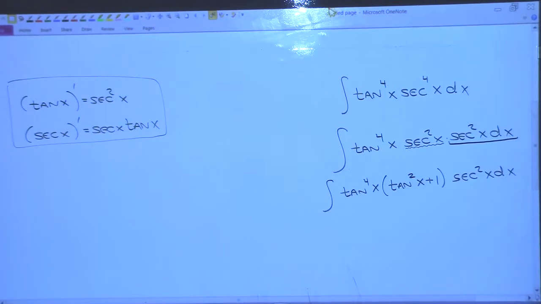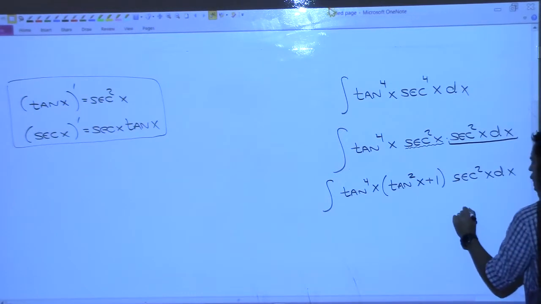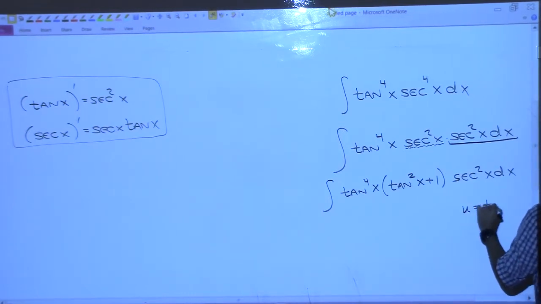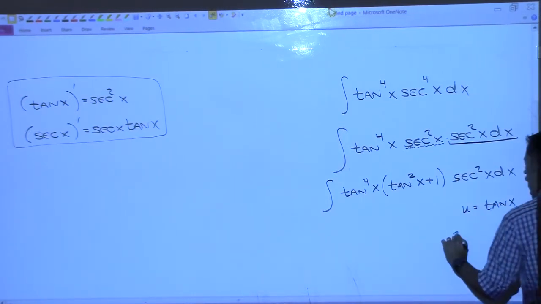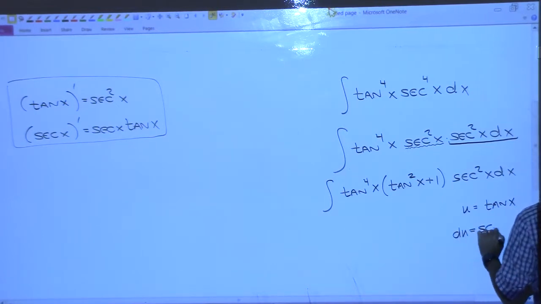Okay, so now we have the derivative of tangent, and everything in here has tangents or constants. So we should be able to make a basic u substitution now. The u substitution is what? u is tangent x. And the derivative of that we already know is secant squared x dx, which we have exactly.